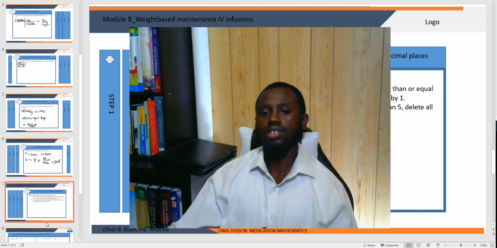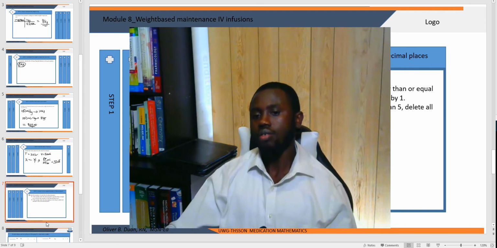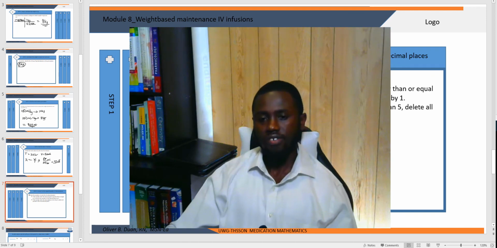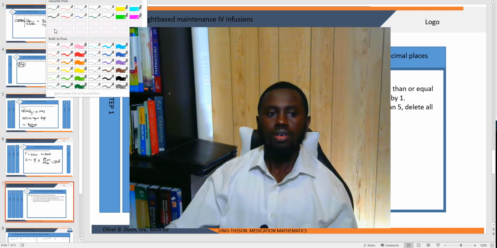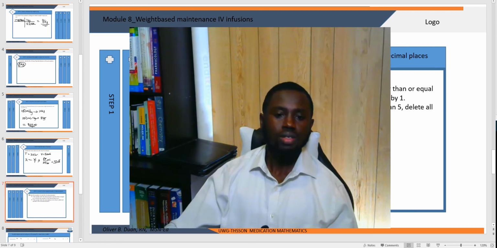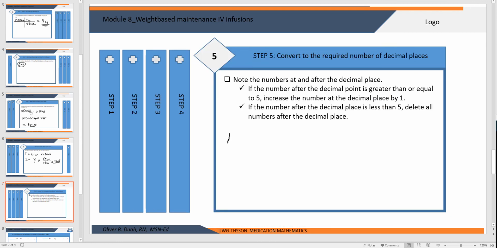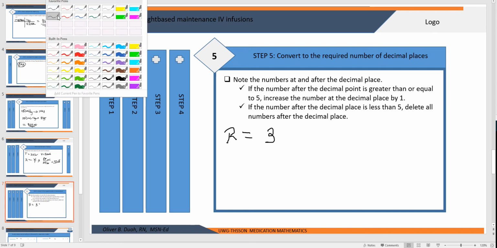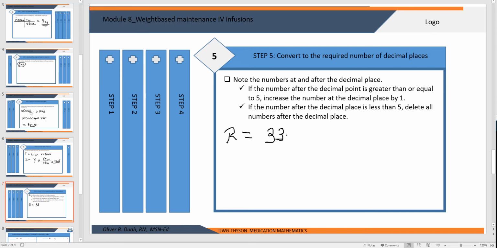Step number 5 is to convert to the required number of decimal places. For maintenance infusions, according to the rounding rules, we are supposed to leave that at 1 decimal place. So let's write our rate. We found our rate to be equal to 33.333 all the way to infinity.